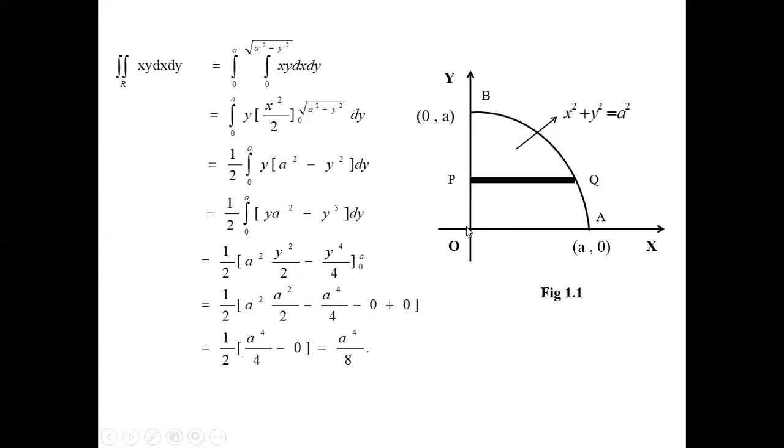Therefore, y varies from y is equal to 0 on the x-axis to y is equal to a, the point of intersection at the point B. These are the limits for y.